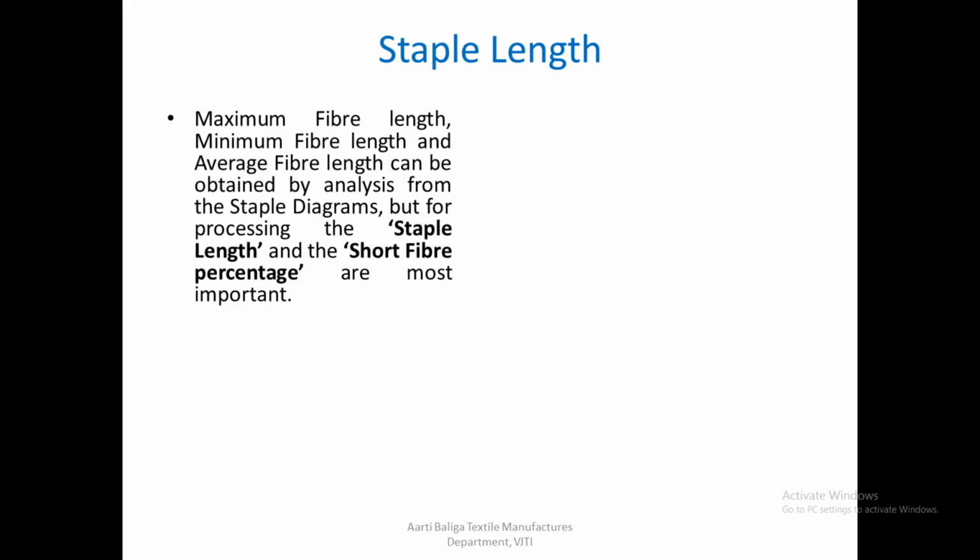But for processing, there are two important lengths that we would be requiring, for the draw frame as well as for the comber: I would be requiring staple length and also the short fiber percentage. These two are the most important data that I could extract from the staple diagram.